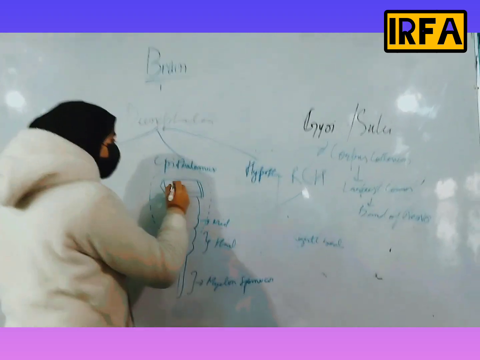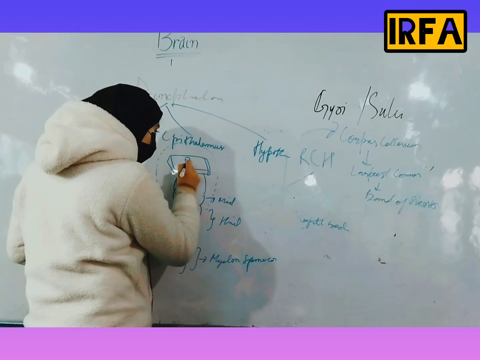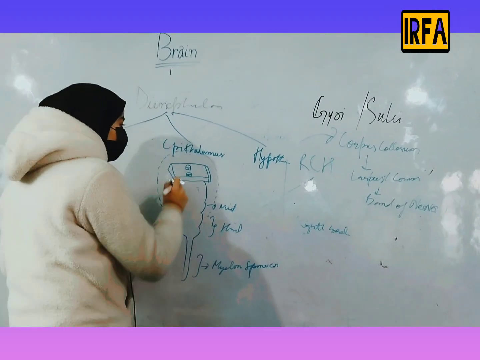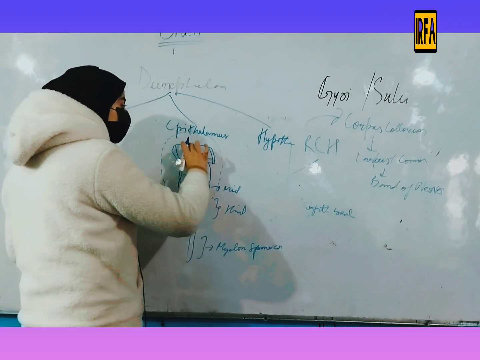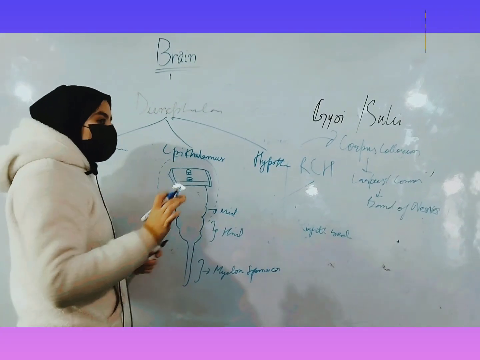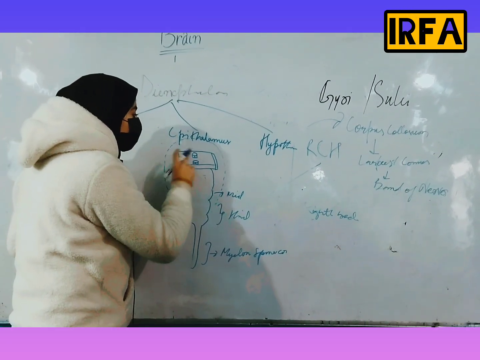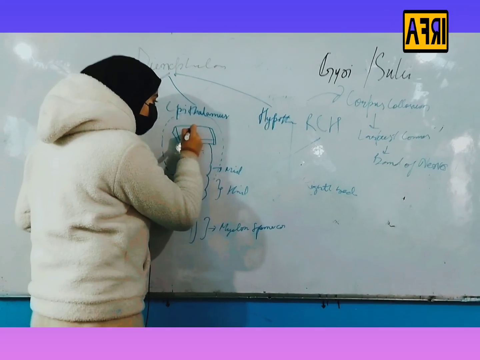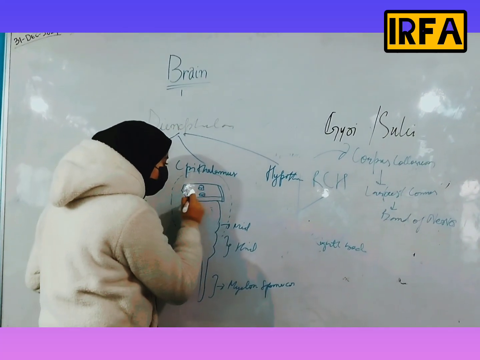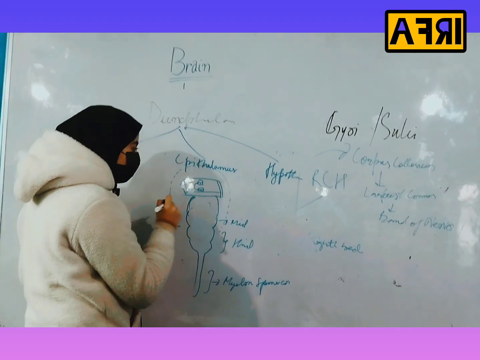Now we will see here, these two structures are called thalamus. They are paired structures. So there are two. Now here is the habenular nucleus, and this is the habenular commissure.